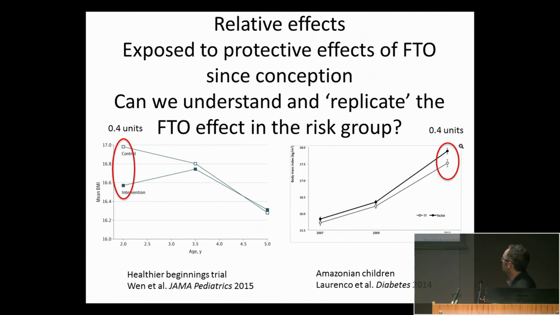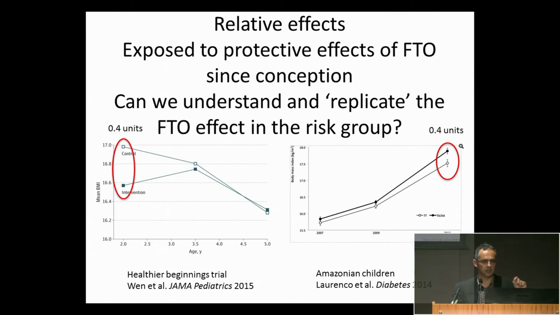Here's the FTO gene. So here's a group of Amazonian children followed over a period of 5 years, and you can see that effect of the FTO gene. At this particular time point, those with the protective variant had a BMI roughly 0.4 units lower than children with the susceptibility variant, roughly similar to the effect of the intervention.